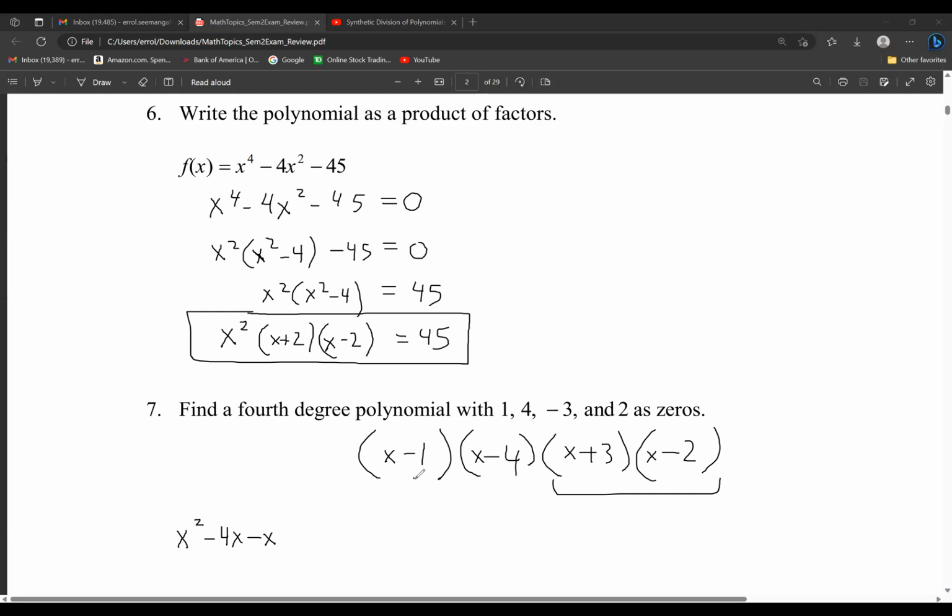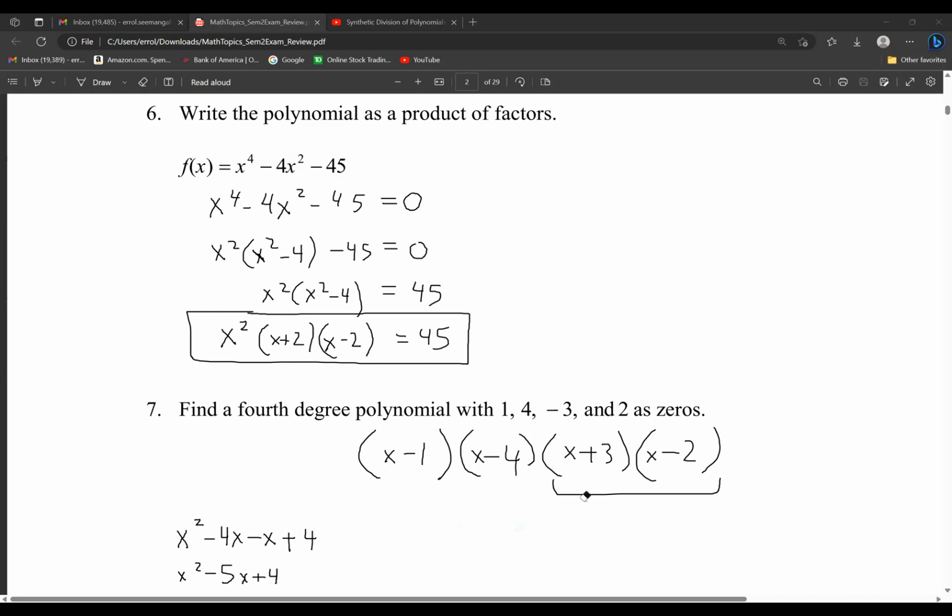And then -1 times -4, how much? Positive 4. Okay, see this middle term right here? Those are like terms. Clean that up. So it's x squared. What's -4 minus 1? You lose $4, then you lose $1. What's the net change? Minus 5. Minus 5x plus 4. Okay, so that's the first two.